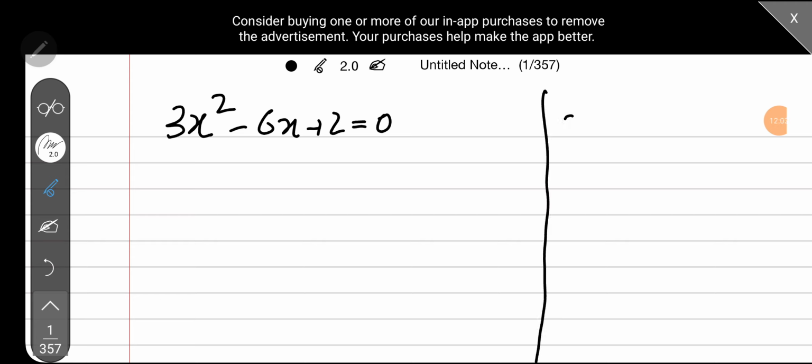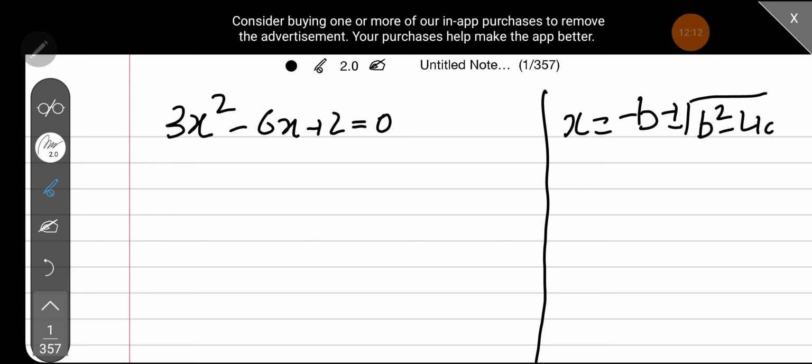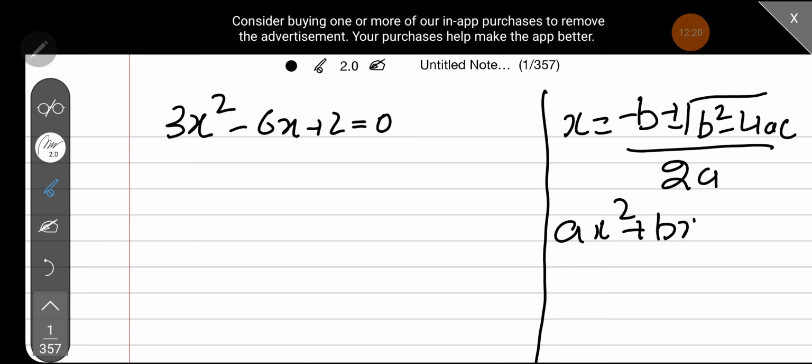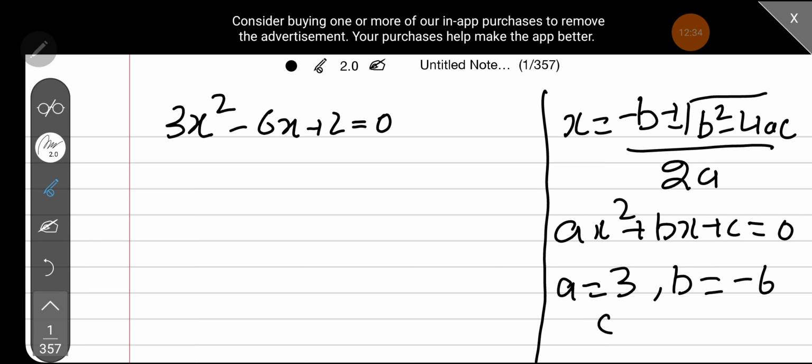According to the quadratic formula, here a is 3, b is -6, and c is 2.